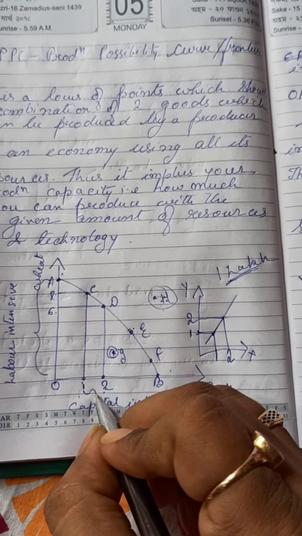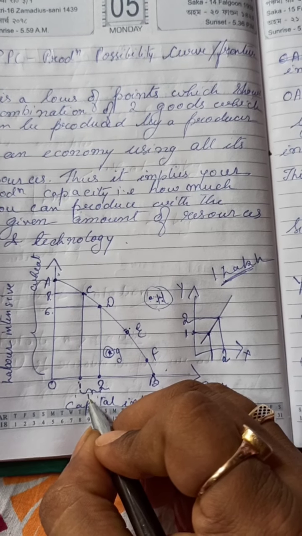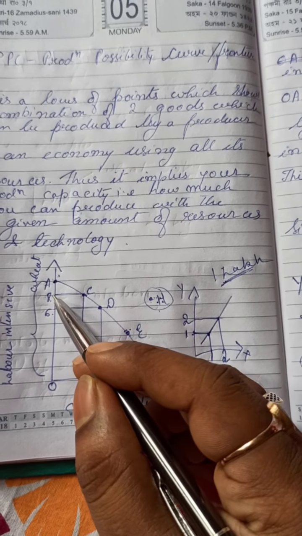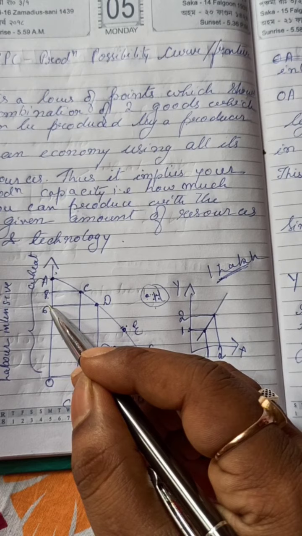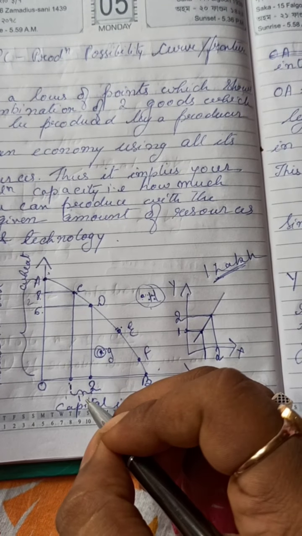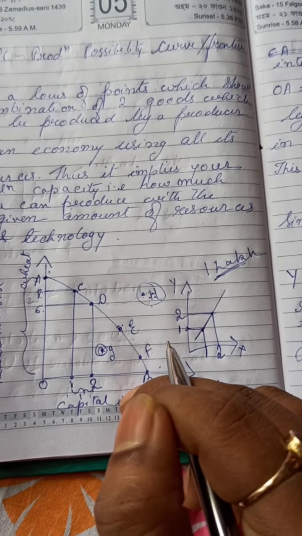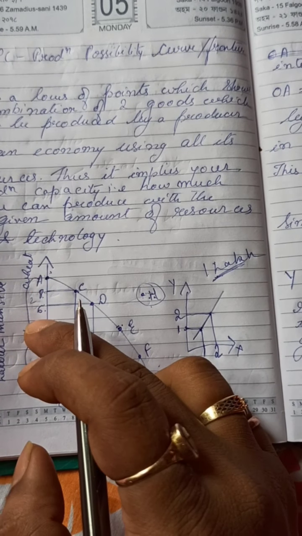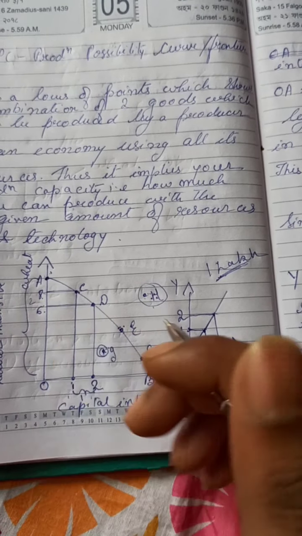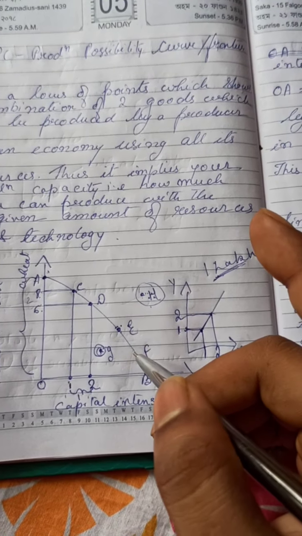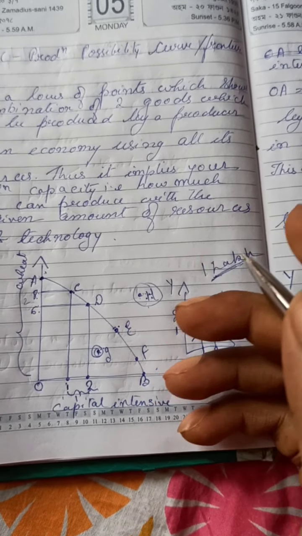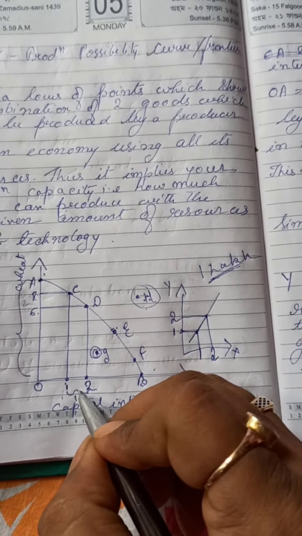So if there is an increment in the car production by 1 amount, the wheat production decreases by 2 amounts. So what do we see over here? That an increment in car is related to a decrement in the wheat production. So over here the variables are moving in the opposite direction. If one increases, the other will decrease, and if the other decreases, the car will increase.